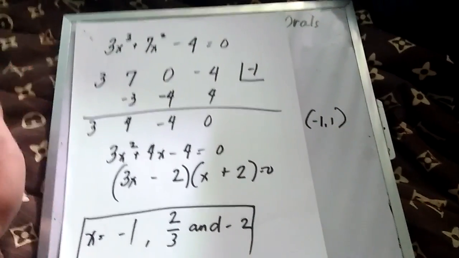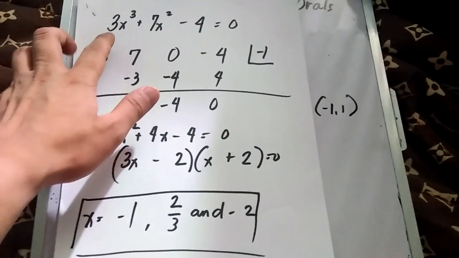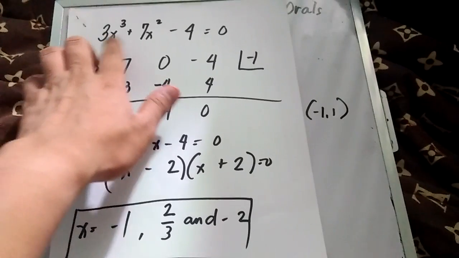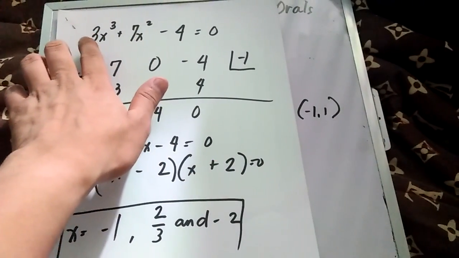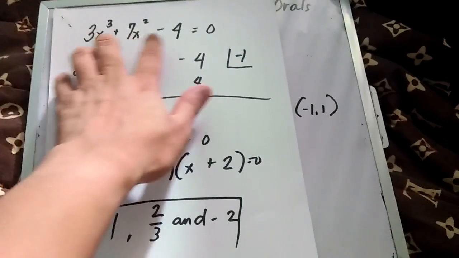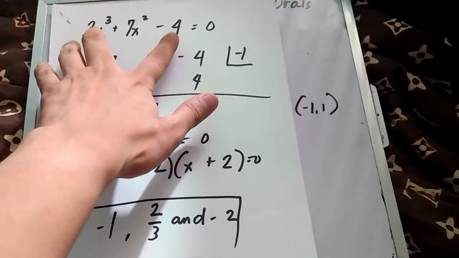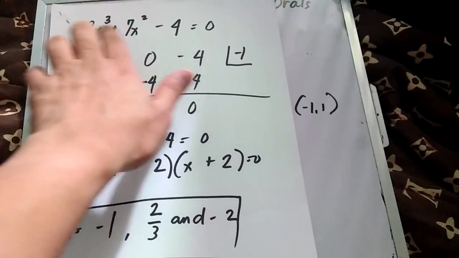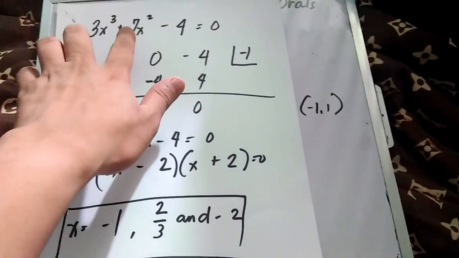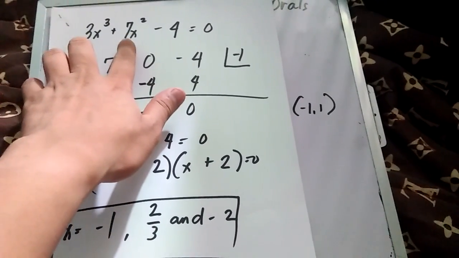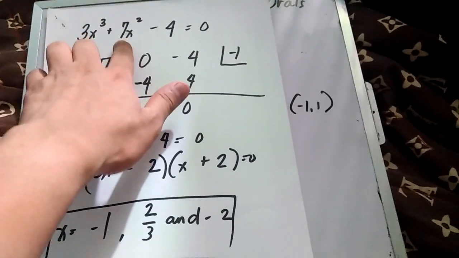But if we do it on a flip side, the 3 and 4 can be added in such a way that it will be cancelled since we have 7 as the middle coefficient.